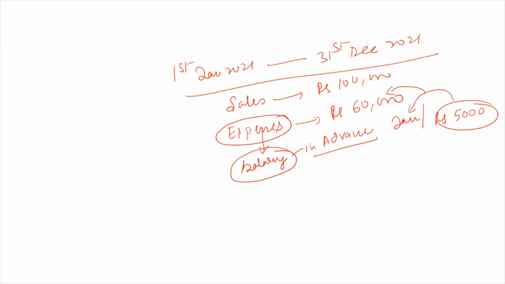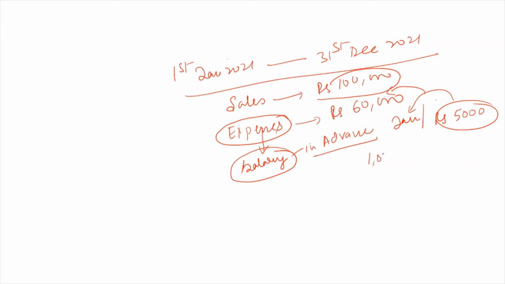So what is happening here is that the sales are for the period January to December, but there is an expense in these expenses which is actually for the next period, and therefore this is not matching. I have to match this. So what will I do now? I will subtract 5,000 from the expenses.